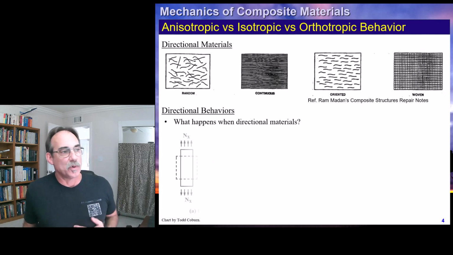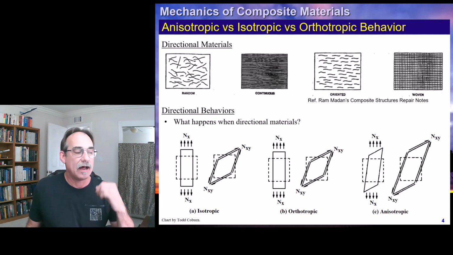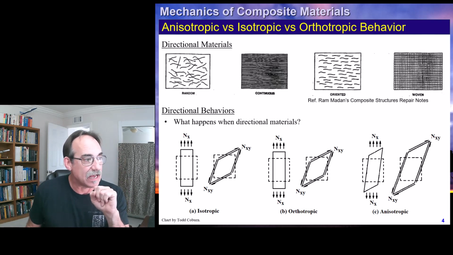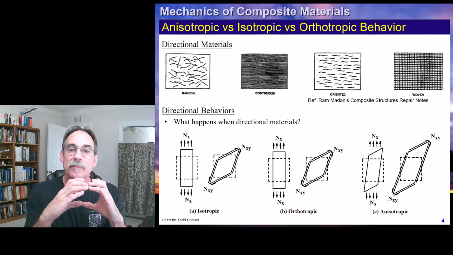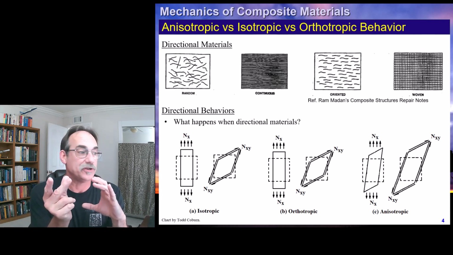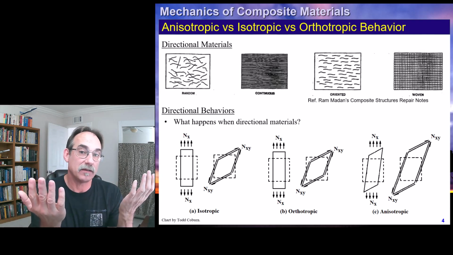So what happens when we have materials that are anisotropic? This little graphic kind of explains that. If we had an isotropic material, if we pull on it in a unidirectional fashion, it gets longer, strains, but it also gets narrower in the other two directions. That's very predictable.